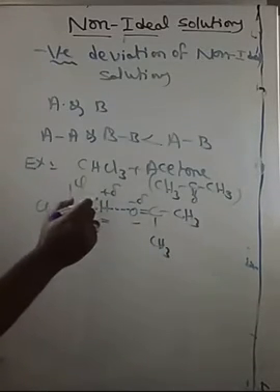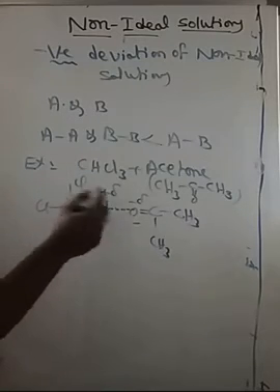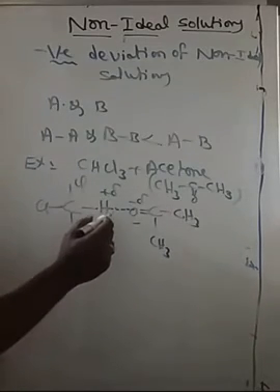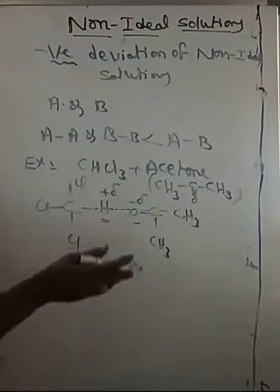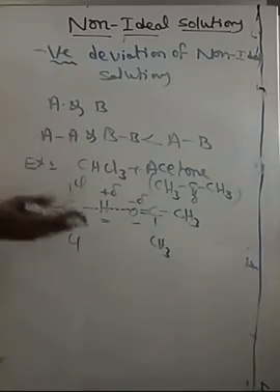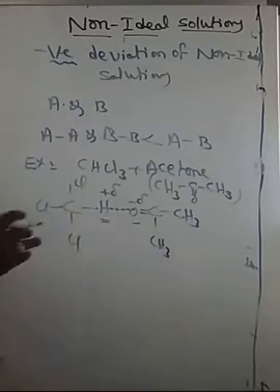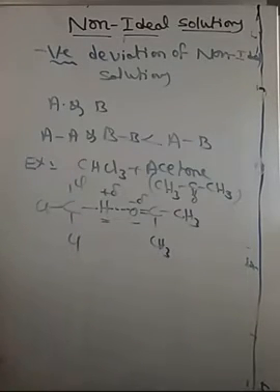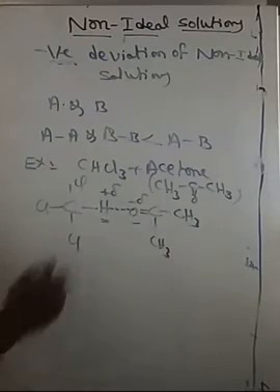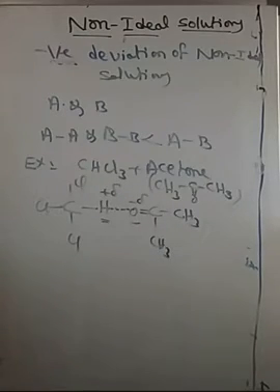But before intermixing, there are only polar bonds. Therefore, the force of attraction becomes stronger after intermixing. The tendency of escaping decreases, and the pressure exerted becomes less than the expected vapor pressure of the components. That's why it is indicated as negative deviation. This is one of the best examples for negative deviations of non-ideal solutions.